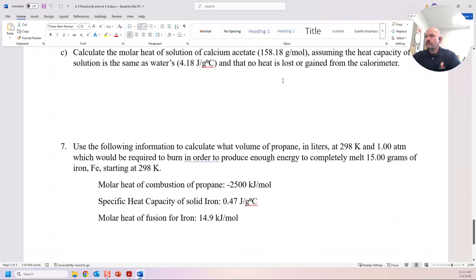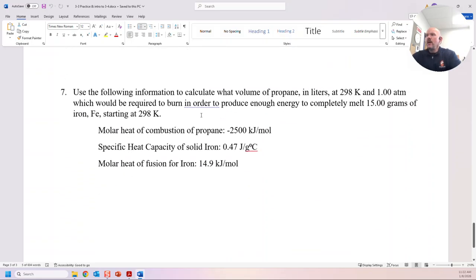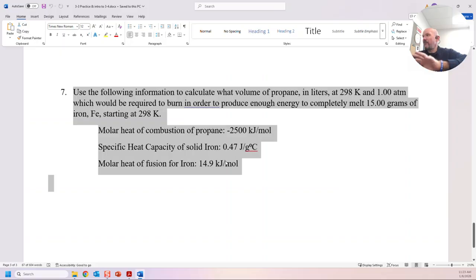All right. So this last question, the other thing that I didn't give you to answer this last question was you need to know the melting point of iron, and I didn't give it to you in this question. So understand, the way this question's worded, we have all the information we need to answer what this question is asking, except we need to be given the melting point of iron.